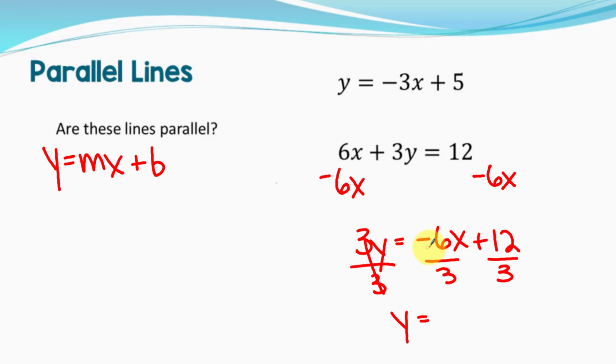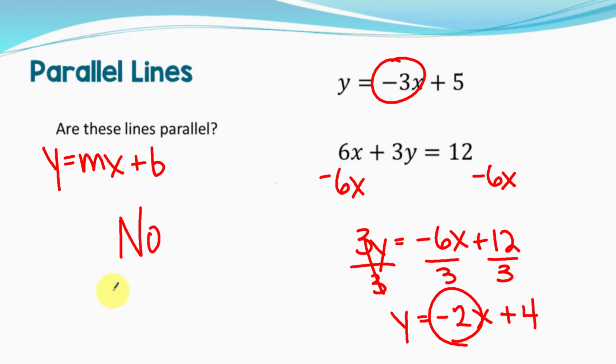Then I'm going to reduce this. Negative 6 over 3 is negative 2. 12 divided by 3 is 4. So that is the second equation rearranged. So one has a slope of 3, negative 3, sorry, and the other has a slope of negative 2. So that would tell me no, these ones are not parallel. They do not have the same slope.